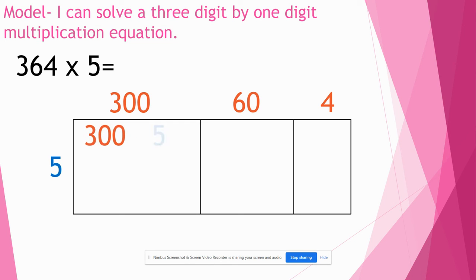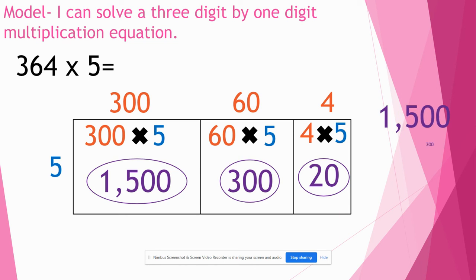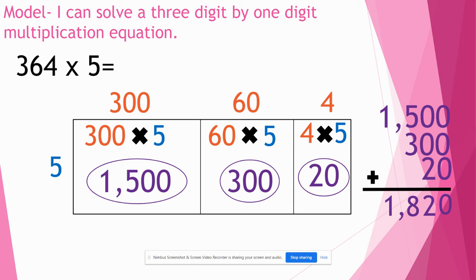So I'm going to multiply 300 times 5, get 1,500. I'm going to multiply 60 times 5, get 300. And then finally, 4 times 5 to get 20. I'm going to add all those partial products together to get a final product of 1,820.